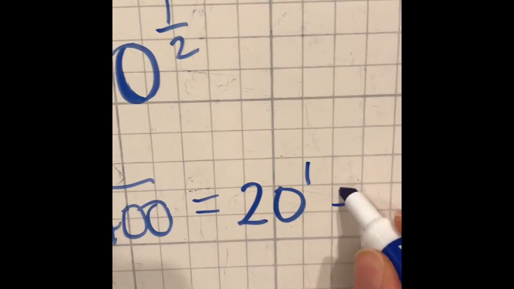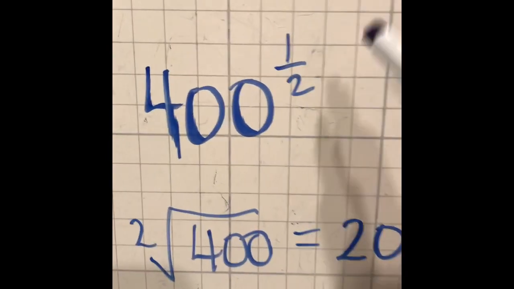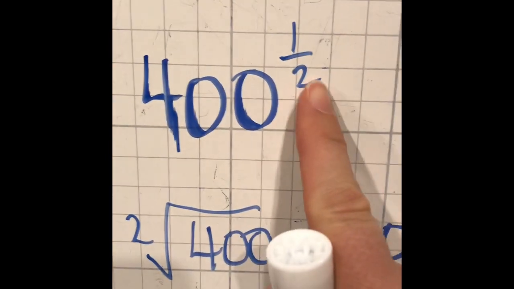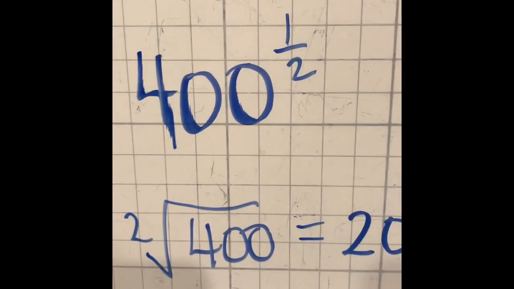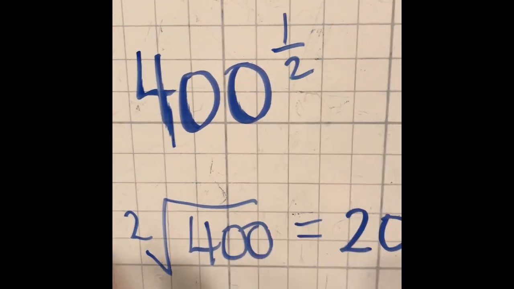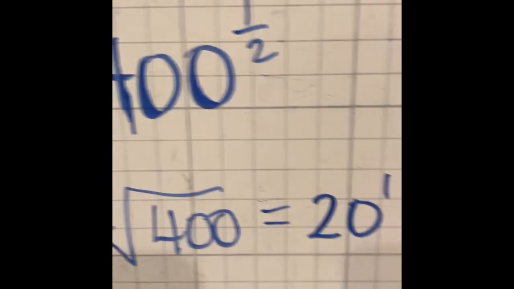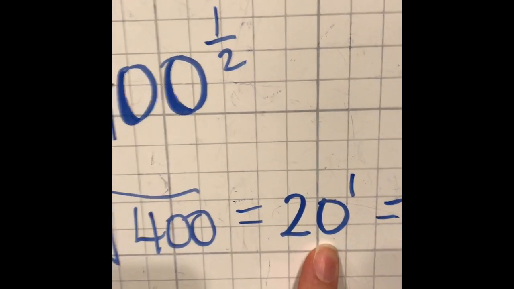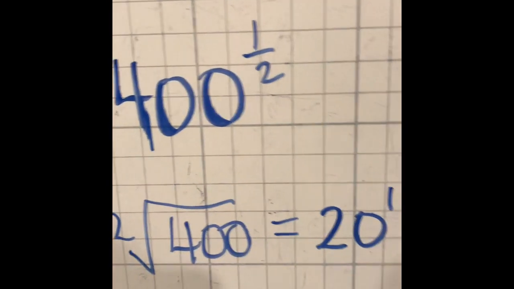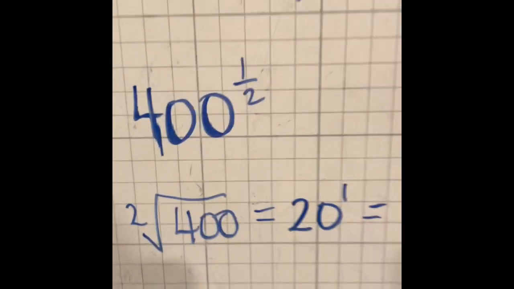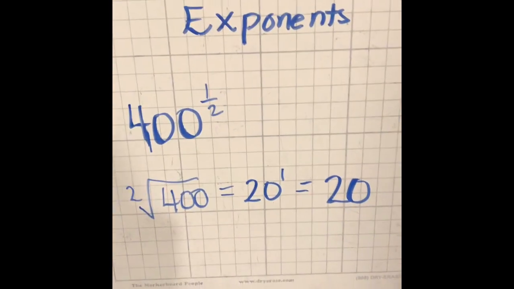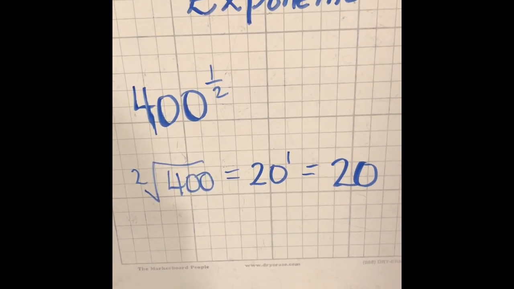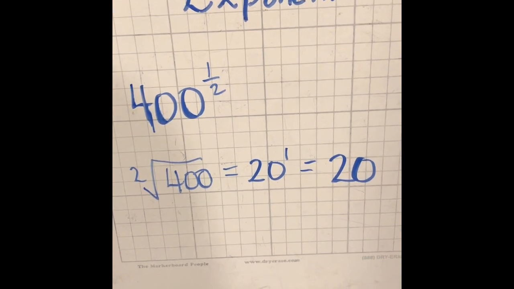So the final answer just stays 20. Anytime the numerator is 1, we're actually just going to take the root based on the denominator. So the denominator is our root, and the numerator is our exponent for what we get when we simplify that radical. So let's try one more example to kind of clear that up. But the final answer for 400 to the power of 1/2 would equal 20.